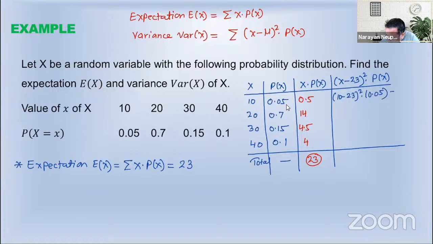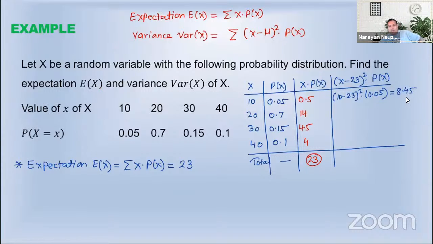And if we type this in our calculator and simplify, make sure you type starting with the parenthesis, 10 minus 23, parenthesis closed, squared, and then times 0.05. You should get 8.45.